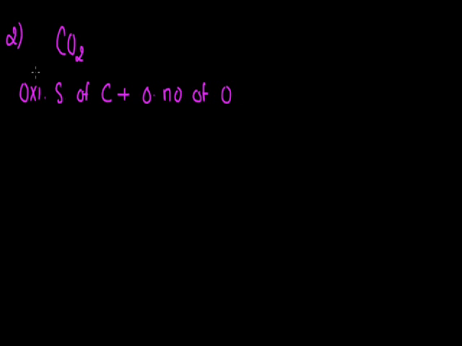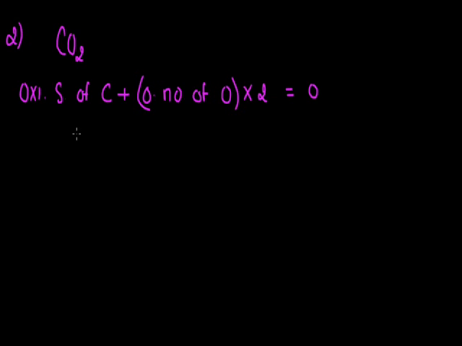Since two oxygen atoms are there, and oxidation state is the charge per atom, we will be multiplying the charge on a single oxygen atom with 2 to get the overall charge contributed by these oxygen atoms. It will be equal to the charge present on this compound, and that is 0.